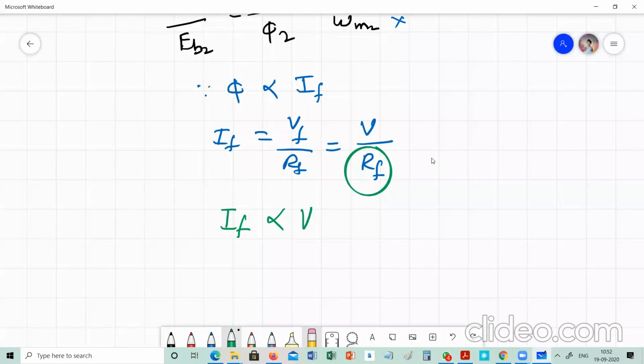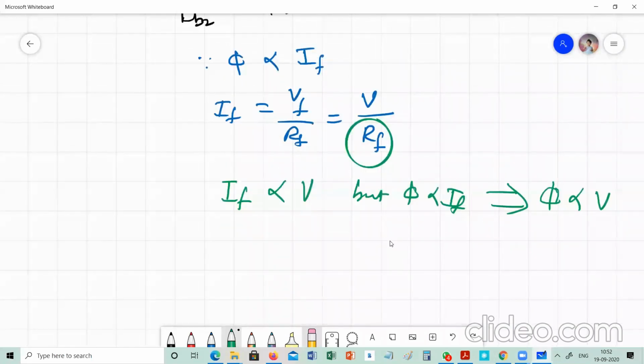Means IF is proportional to V. But phi is proportional to IF, and it implies phi is proportional to V. कळालंय कसं आलं ते? जर IF व्होल्टेजवर डिपेंड असेल आणि फाय IF वर डिपेंड असेल तर फाय ऑब्विसली व्होल्टेजवर डिपेंड असणार. फाय प्रोपोर्शनल टू V.